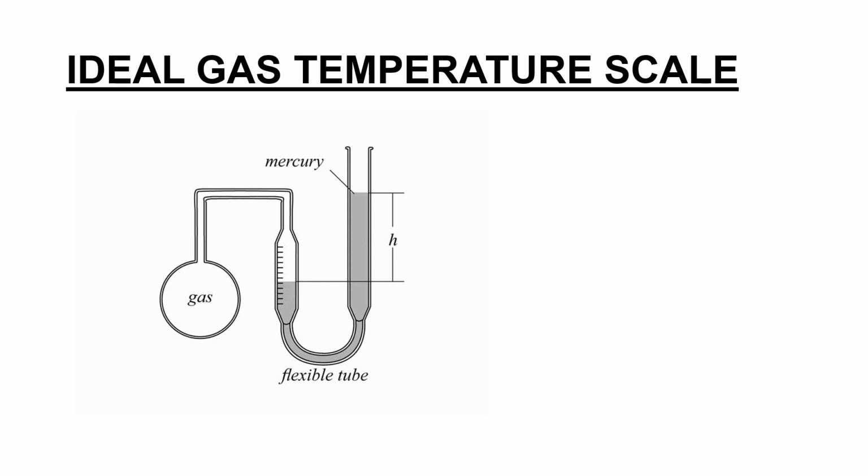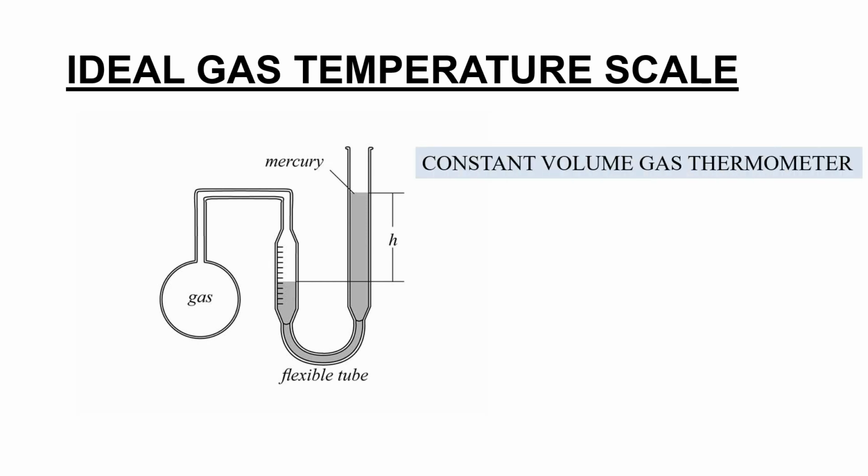Now, a temperature scale which is almost similar to the thermodynamic temperature scale is the ideal gas temperature scale, or you can say the constant volume gas thermometer. In the constant volume thermometer, there is a gas which is kept here, and the pressure of this can be measured using a U-tube manometer.